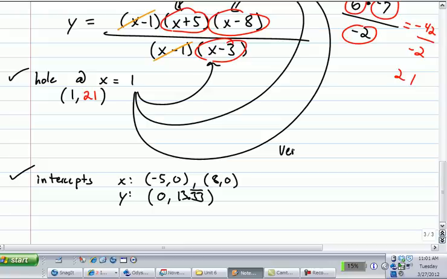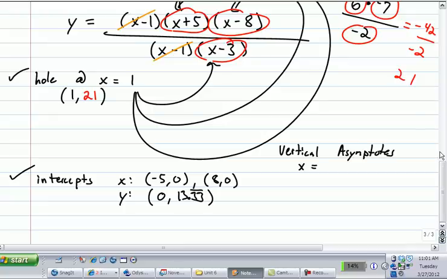Vertical asymptote. Are these x equals equations or y equals? Y equals. Okay, well, because they're vertical lines, they've got to be x equals. So how do you find the vertical asymptote?